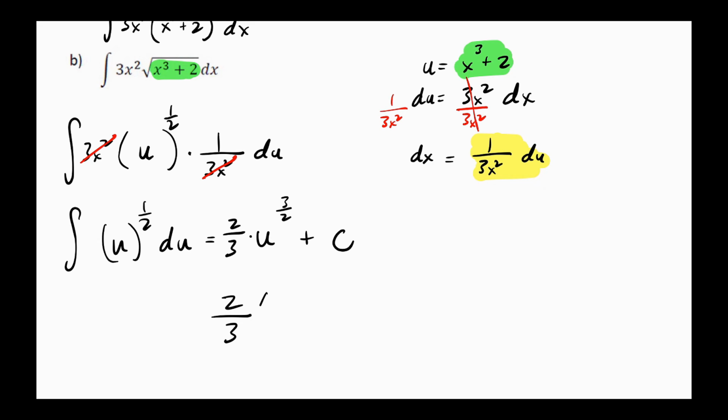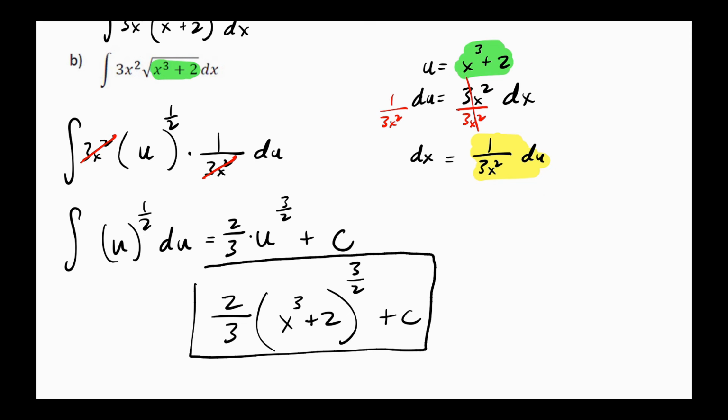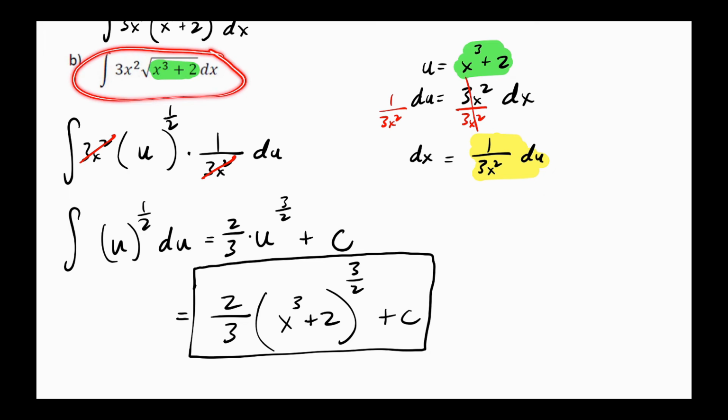So instead of u, you get x cubed plus 2 to the 3/2 plus c. Done. That's the antiderivative of this guy here. These guys are antiderivatives of each other.